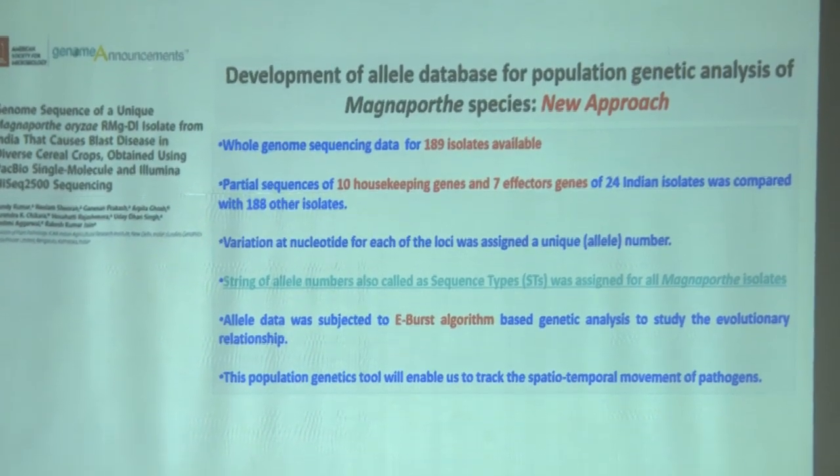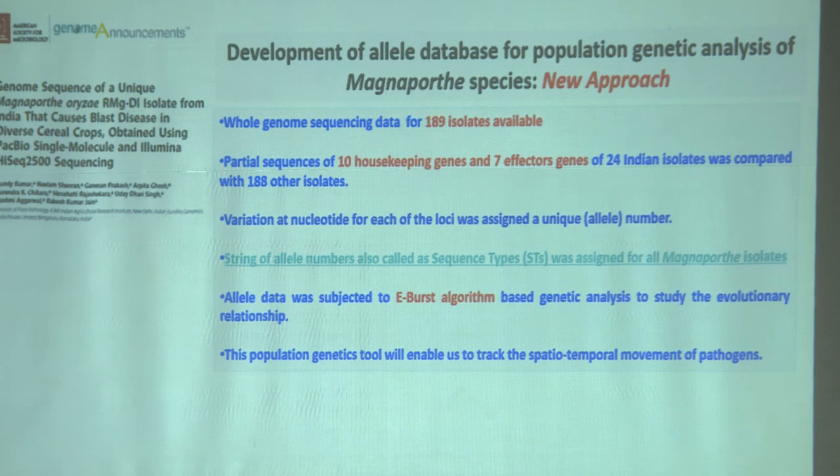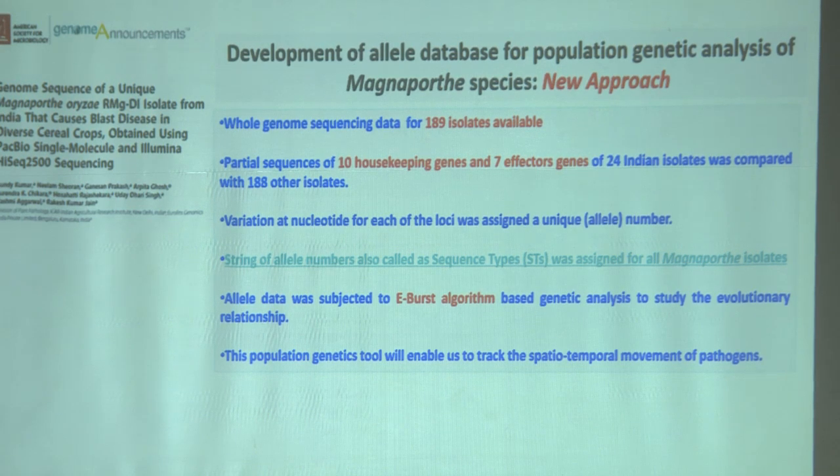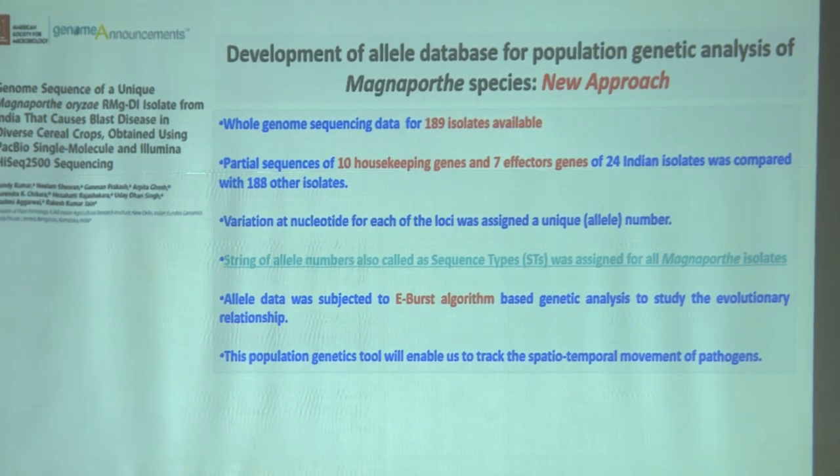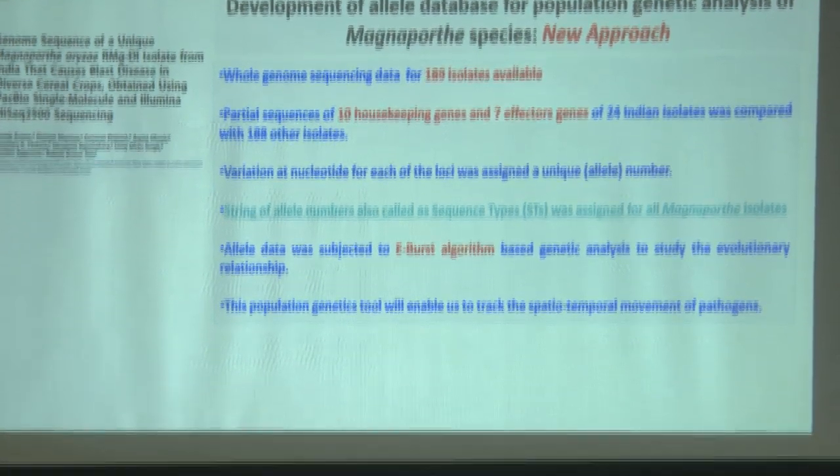The genomic DNA was isolated, primers were designed from the whole genome, right. Primers were validated and sequencing was done. So, once sequencing was done, now you have the data set in your hand. You have 24 data set in your kitty, and you have 189 data sets from public domain, right. In total around 212, in total a huge population of data sets.